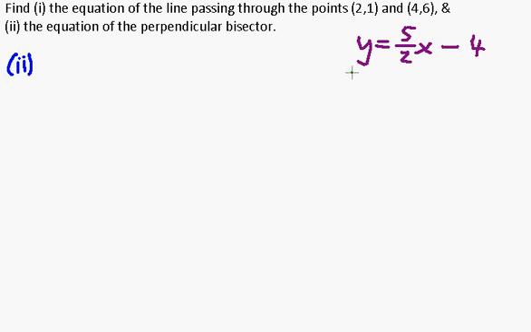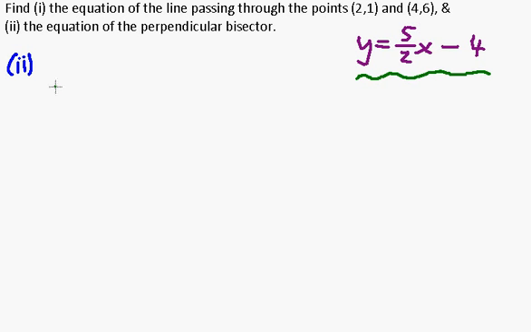Okay, so what we've got is our equation of the original line, which I've moved up here. We're now going to move on to part 2, which is asking us to find the equation of the perpendicular bisector. If we remember our method, the first thing that we've got to do is work out what the midpoint is.